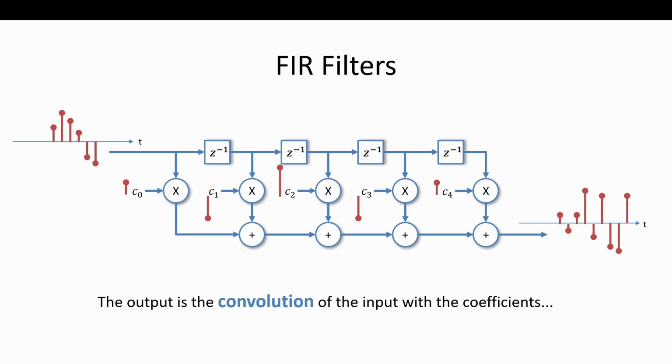I'm going to get everyone on board with the core DSP stuff that you need to know for filters before getting into the design. That output ends up being the convolution of the input with the coefficients of the filter. So what you're seeing is the secret behind convolution here: any arbitrary input can be represented as a series of weighted impulses.